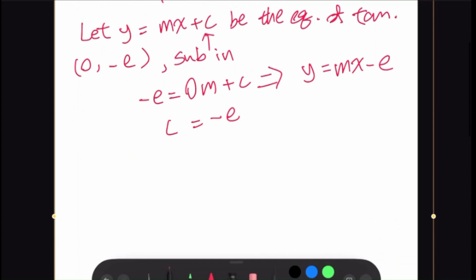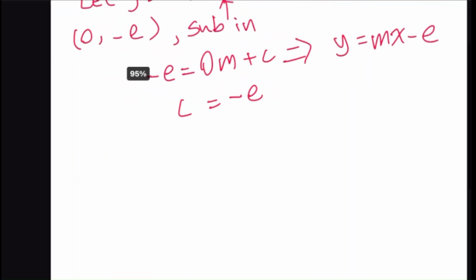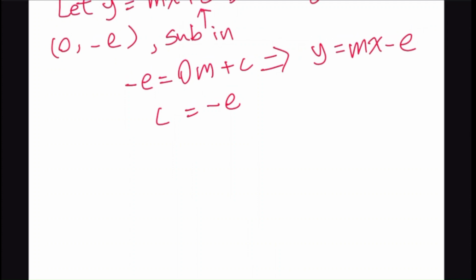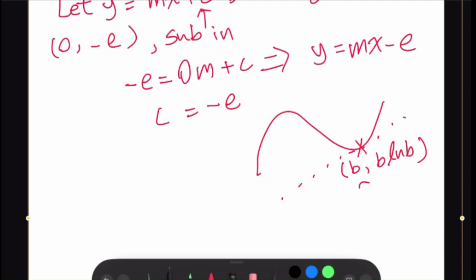The hard part is finding where the tangent line is actually meant to touch the curve. For example, if that's the tangent, let's say we let that point be b, and b ln b, because that's what g(x) is.